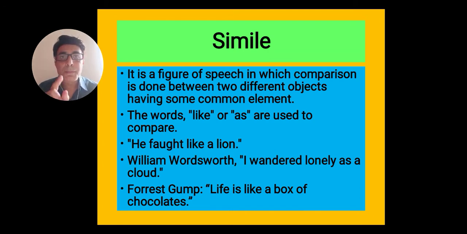Mark the use of the word as, A-S. The poet has compared himself with the cloud. He says, I wandered lonely as a cloud. It means the poet wants to say, I was wandering just like a cloud which is wandering in the sky. So comparison is done. This is the use of simile.